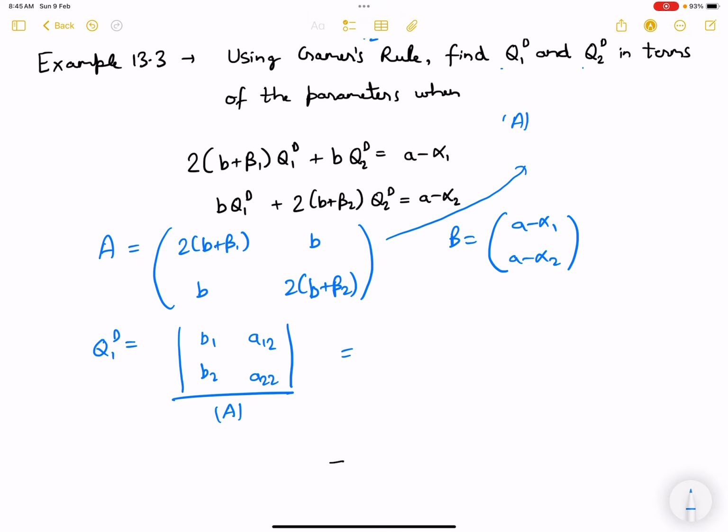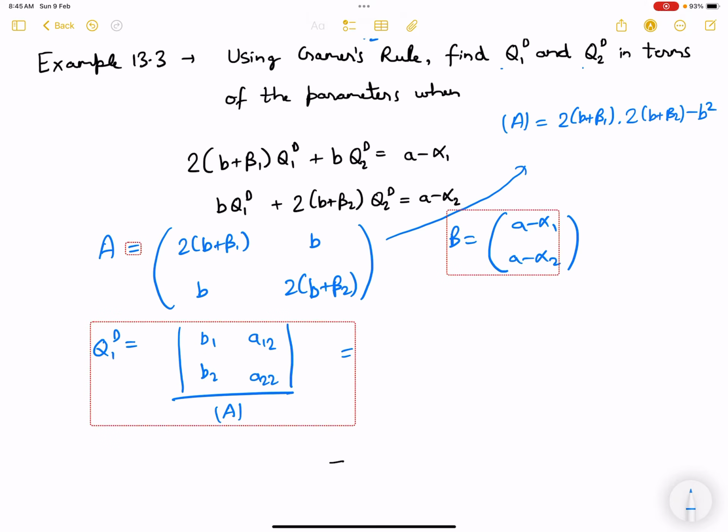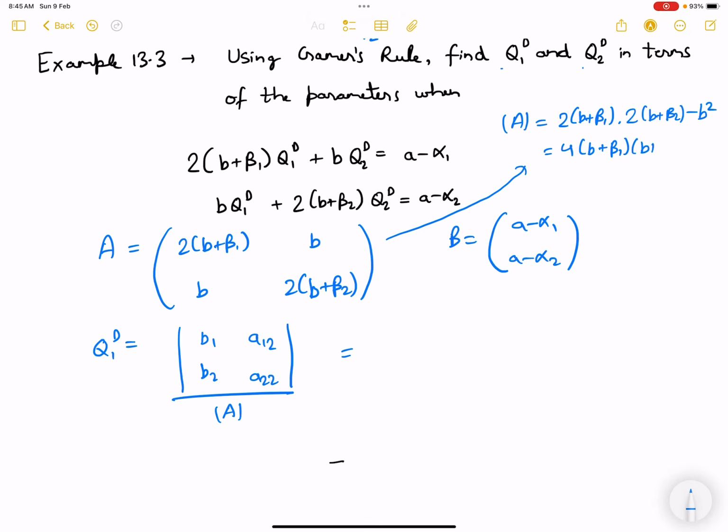A determinant would be 2 times B plus beta 1 into 2 times B plus beta 2 minus beta square minus B square. This would be 4 times B plus beta 1 into B plus beta 2 minus B square.